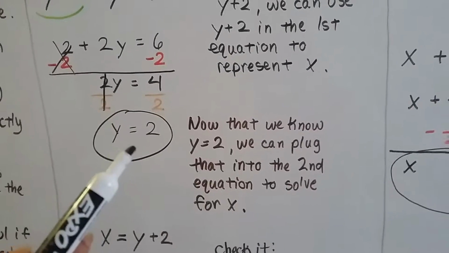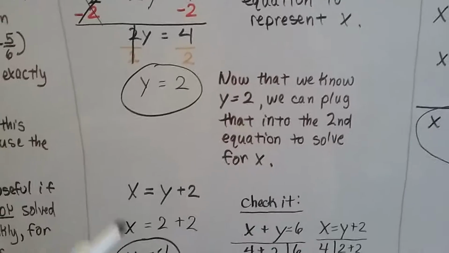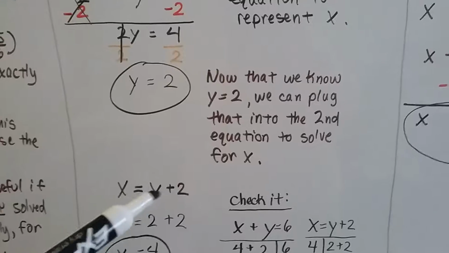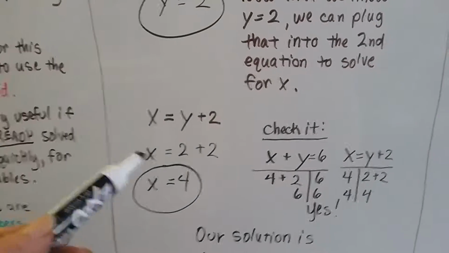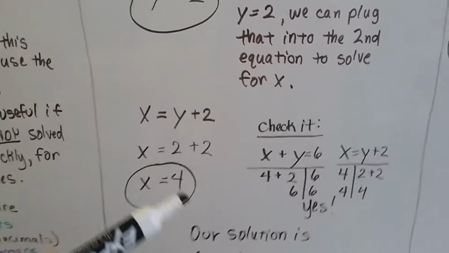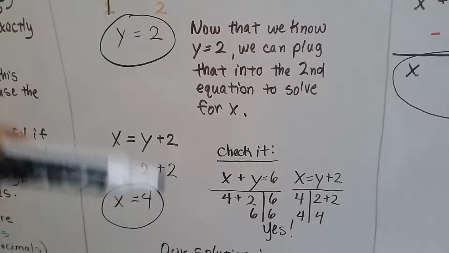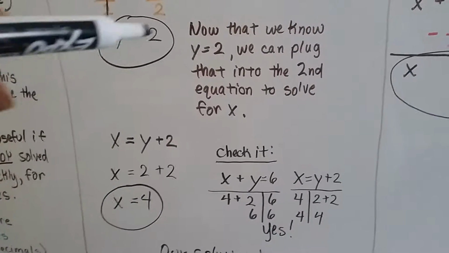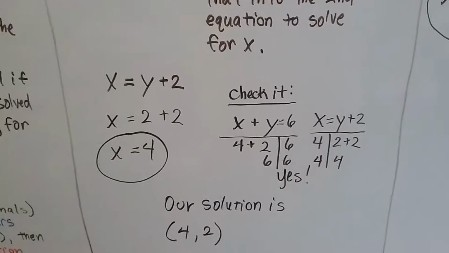Now we can plug y equals 2 into this equation to really find out what x is. So in x equals y plus 2, we put the 2 where the y is. See? And 2 plus 2 equals x, so x equals 4. So now we take both equations and we take x equals 4 and y equals 2, and we plug them into both equations to see if it makes them true.